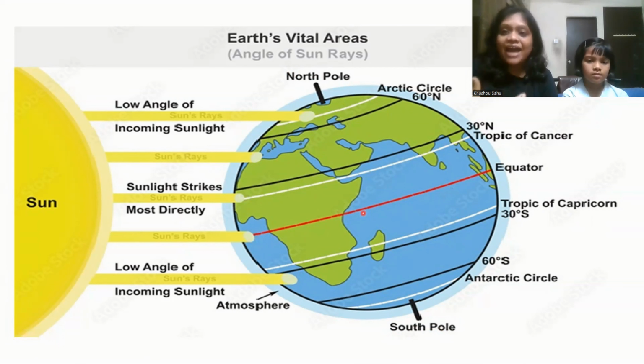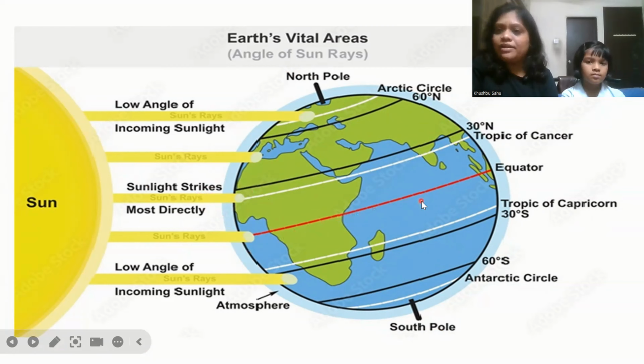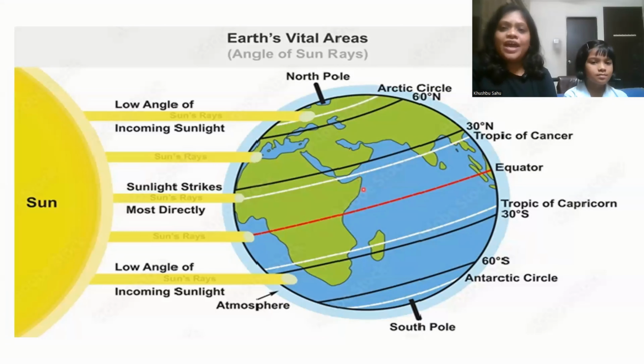experiences the maximum amount of sunlight because sunlight directly strikes the equator, right? And when we move towards north and south, some regions experience slightly vertical sunlight, and some regions even get a very minimum amount of sunlight.